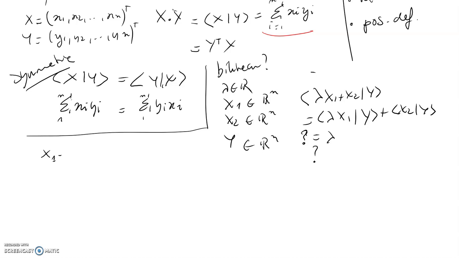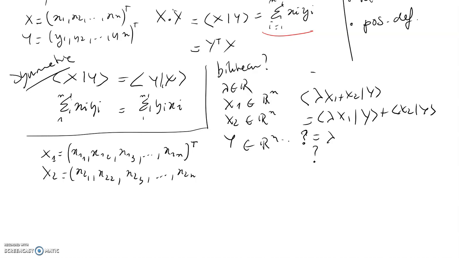So x1 is going to have components x11, x12, x13, etc. up to x1n. Okay, and that should be the column vector. And x2 should be x21, x22, x23, etc. up to x2n. Okay, you can come up with a better notation if you like, but that's the one that I came with.